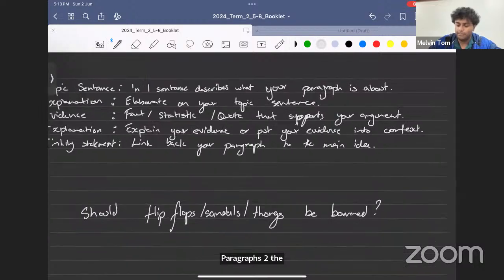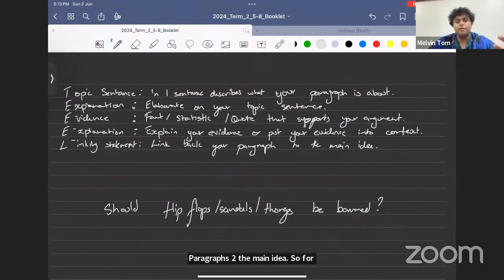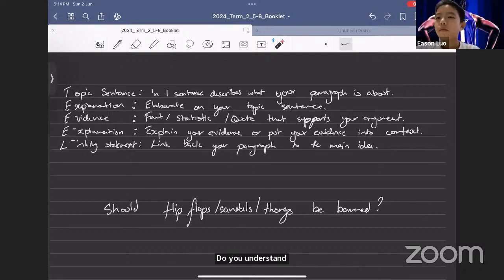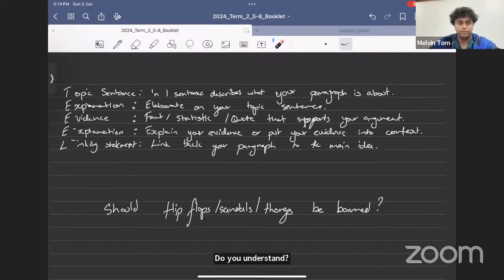So for example, finally, you'd say, because of how affordable and how accessible flip-flops and sandals are, they should not be banned. Do you guys understand? Yeah. Perfect. So that's just a quick overview.